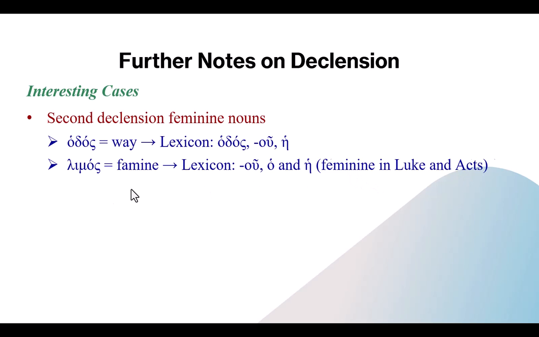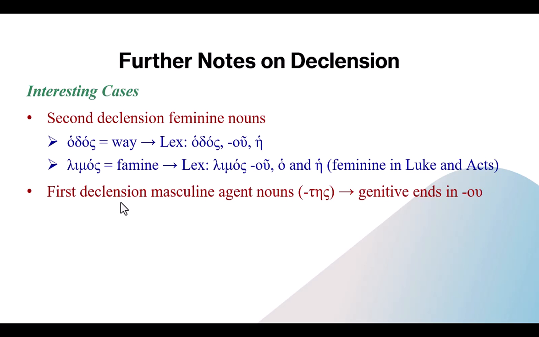Very interesting. Another interesting class of nouns is the so-called tes, agent nouns. Here the genitive does end in omicron upsilon, but the nominative singular ends in es. So it does not follow our rule for second declension. And in fact, these are first declension, but they're also masculine.